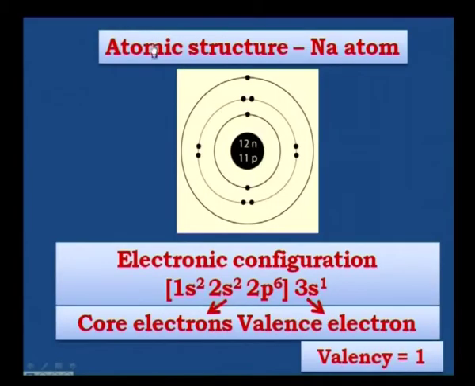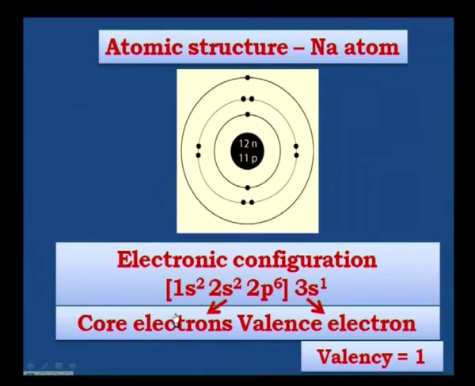Let us go to the sodium atom, the electronic structure of the sodium atom. What is the atomic number of sodium? It is 11. There will be 11 positively charged protons, and to balance them there will be an equal number of electrons, that is 11 electrons.